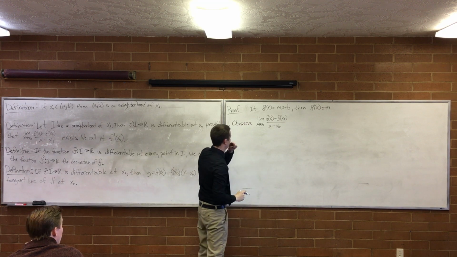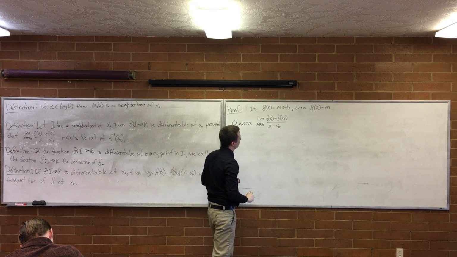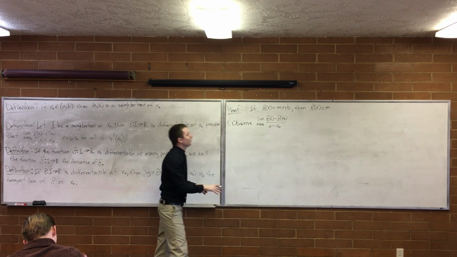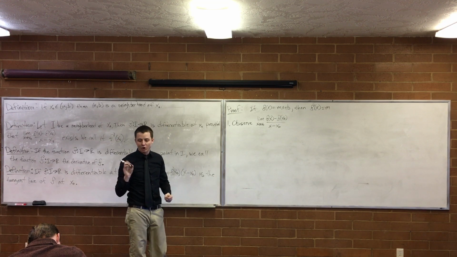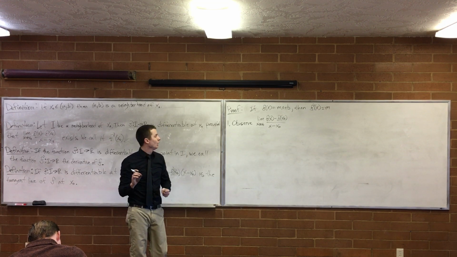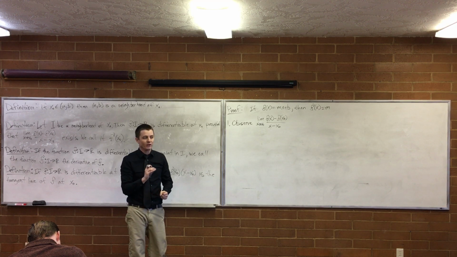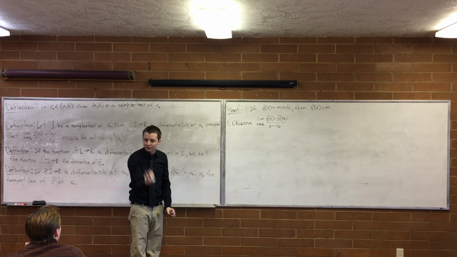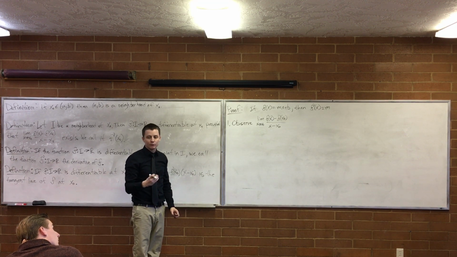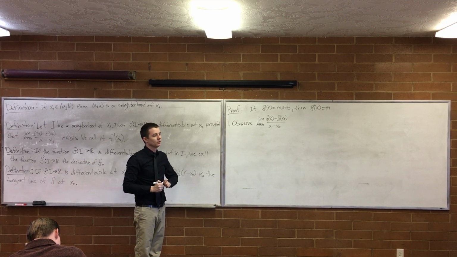I probably should have started out with let x naught in R. We need to pick some random number x naught in R, and we need to show that it's differentiable at that point, and furthermore, that the derivative at that point is m. So pick any point you want.